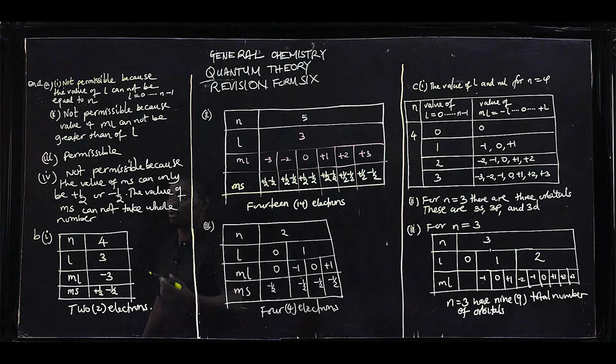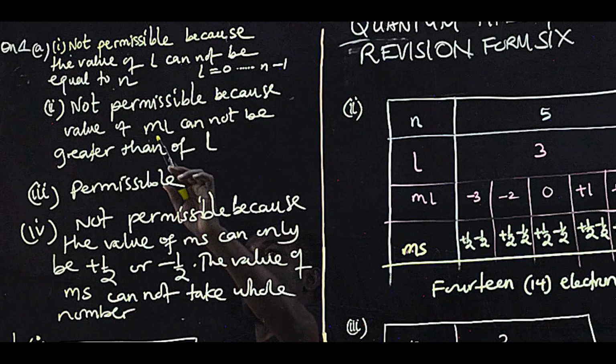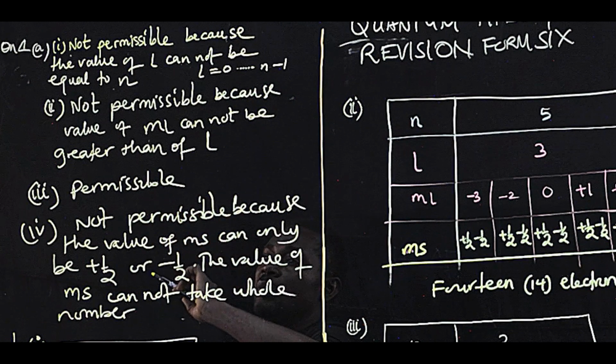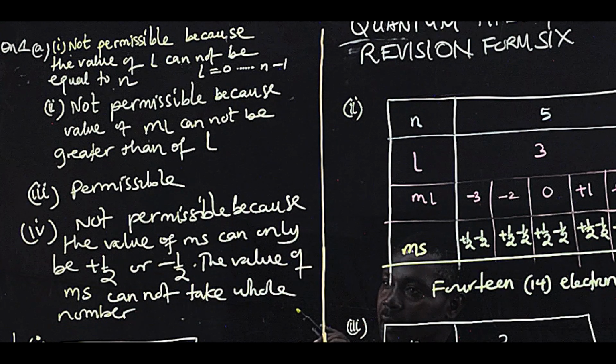The value of l is equal to 1, which is correct. ml is equal to 2, ms is equal to negative 1/2. In the given set, what is not correct is ml. ml cannot be greater than l. The value of l is equal to 1, but ml given is 2.